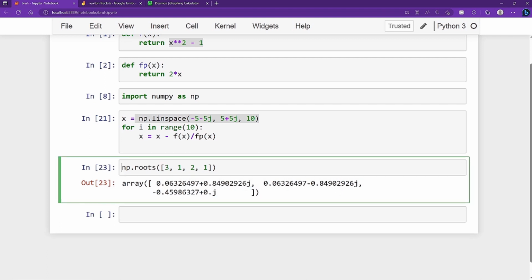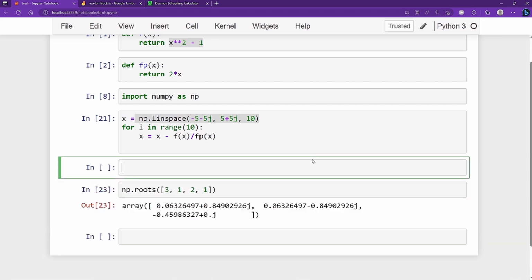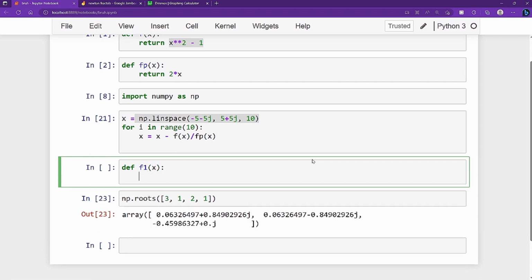Now let's try to solve this specific equation or function using our beloved Newton's method ourselves. So I'm going to do f1 of x here because this is a new function. It's 1 plus 2 multiplied by x plus x squared plus 3 multiplied by x cubed. And that's my function, right? Cool so far.